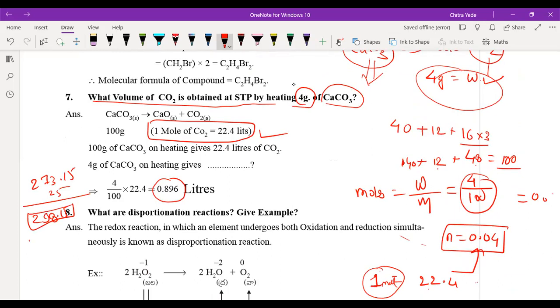And pressure is 1 atmosphere. At 298.15 Kelvin and 1 atm, 1 mole of gas occupies 22.4 liters. Easy?